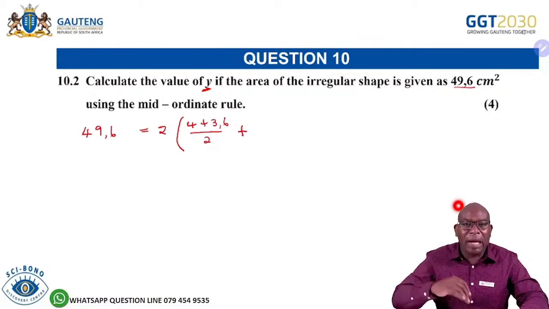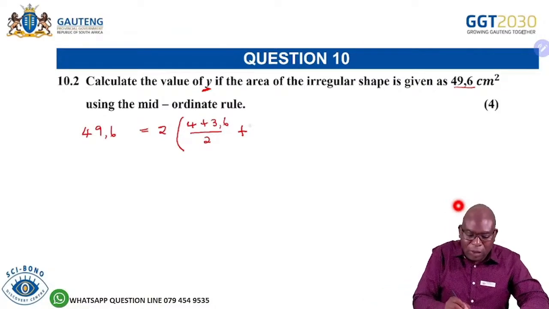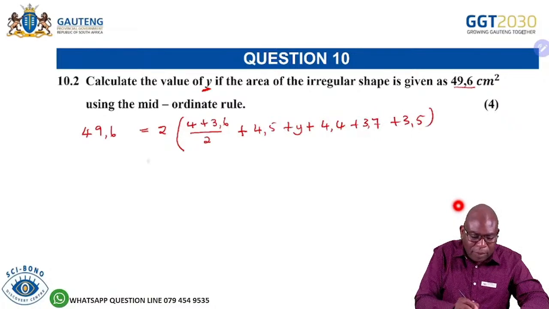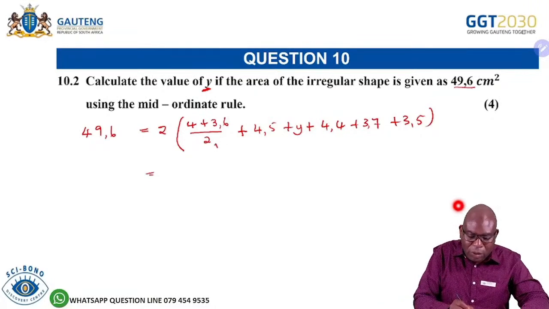And then I add the other ordinates. So, adding the other ordinates, I've got 4.5 plus y plus 4.4 plus 3.7 plus 3.5. Okay. And then from there, I can add all these values, this one, that one, this one, that one, and that one.